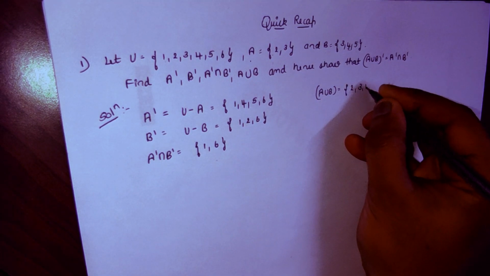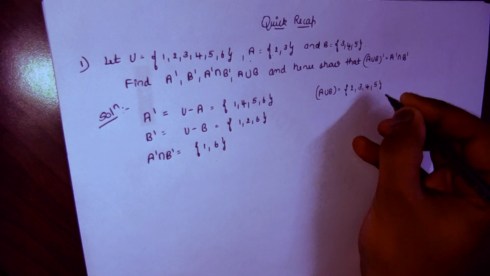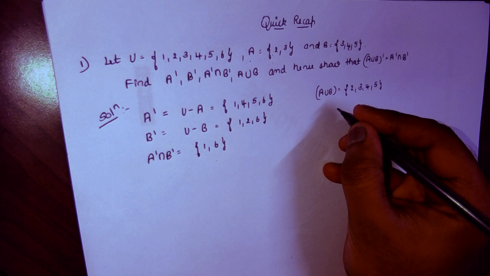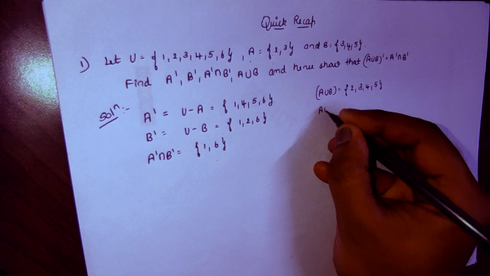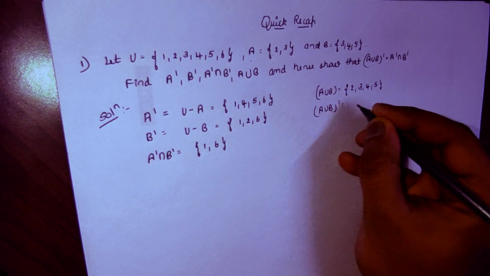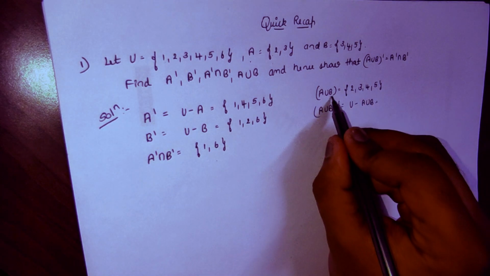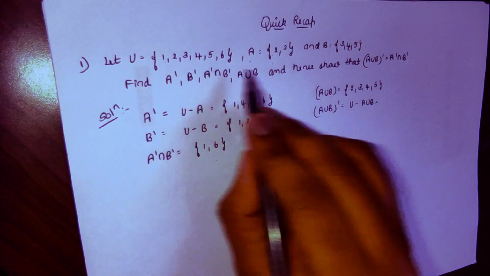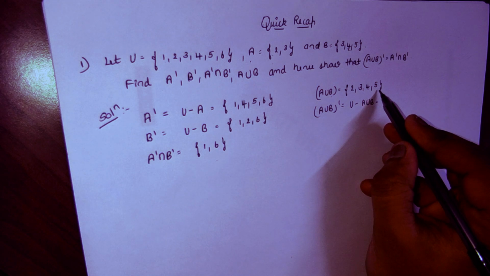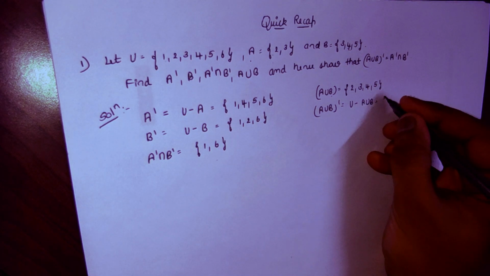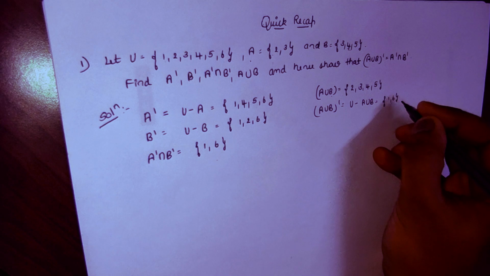The common things and the rest of the things also you have to write in the union set. Now we will find (A union B) whole dash, that is universal set minus A union B. Universal set is 1, 2, 3, 4, 5, 6. 2, 3, 4, 5 is there, so the rest remaining is 1, 6.